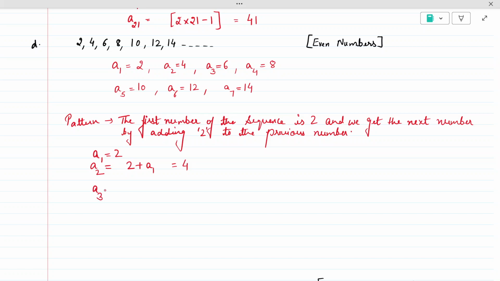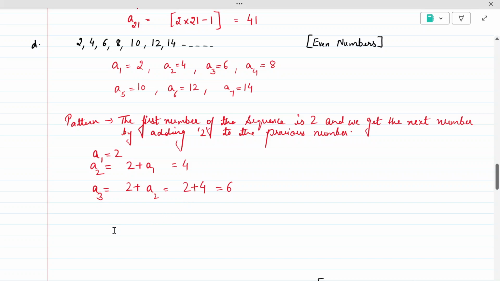Similarly, if I have to take out A3, I will add 2 to the previous number of A3, which was A2. So that is 2 plus 4, because A2 was 4, and we will get A3 as 6. Similarly, we can find out all these numbers, that at which position which number is present here.